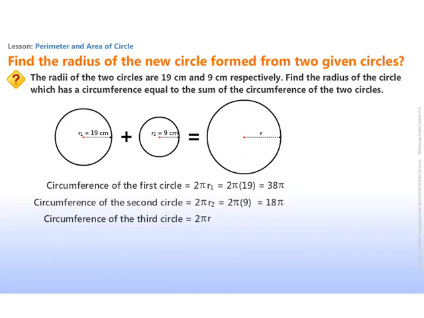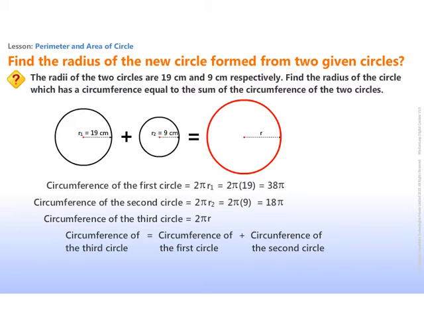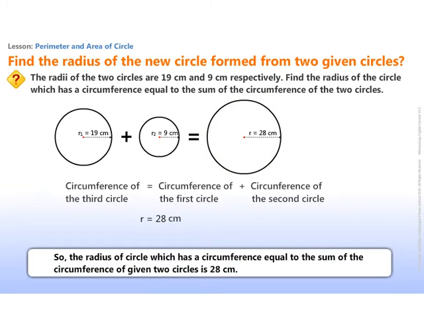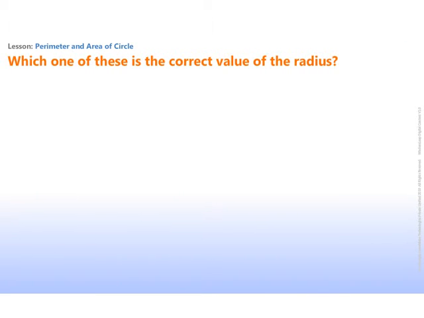According to the problem, the circumference of the third circle is equal to the sum of the circumferences of the first and second circles. Substituting the calculated values of circumferences into this relation, we get the value of the radius as equal to 28 centimeters. So, the radius of the circle which has a circumference equal to the sum of the circumferences of the given circles is 28 centimeters.